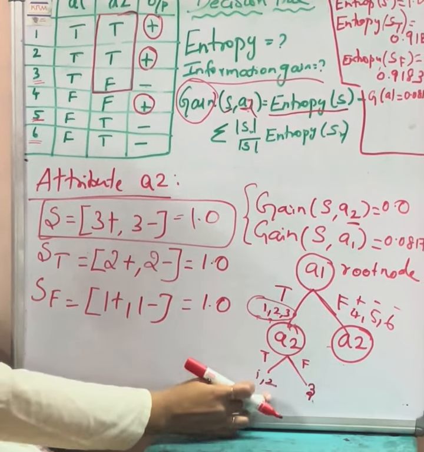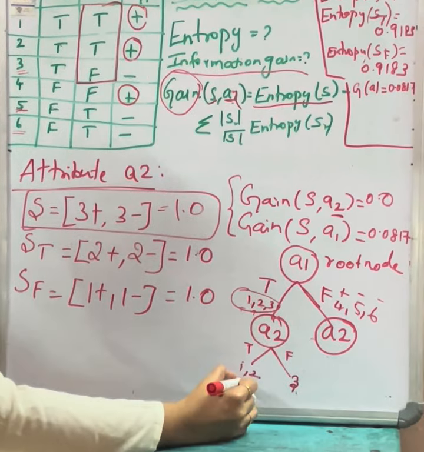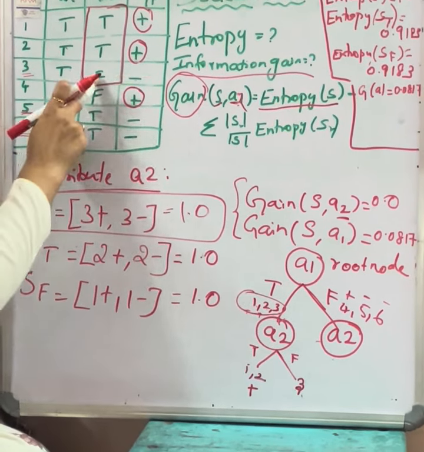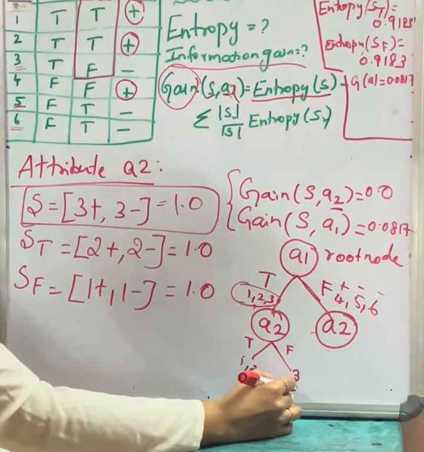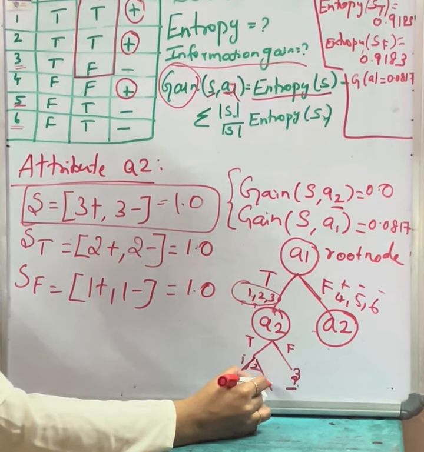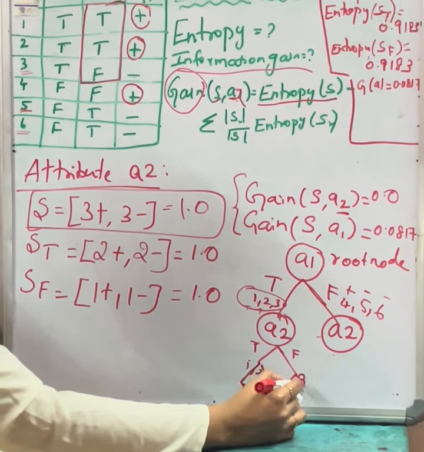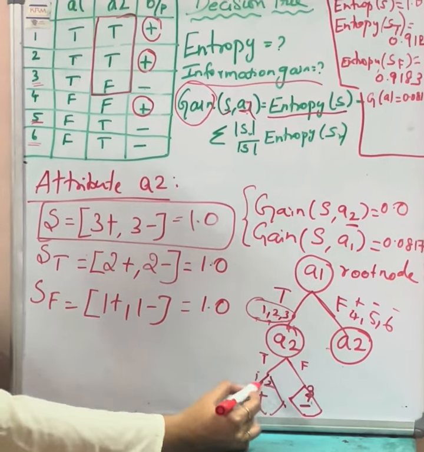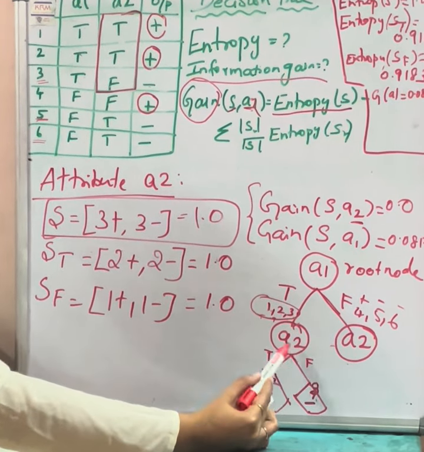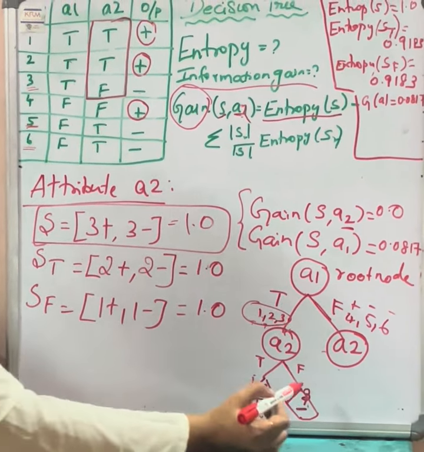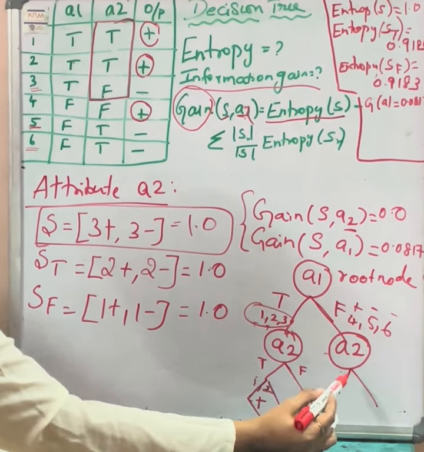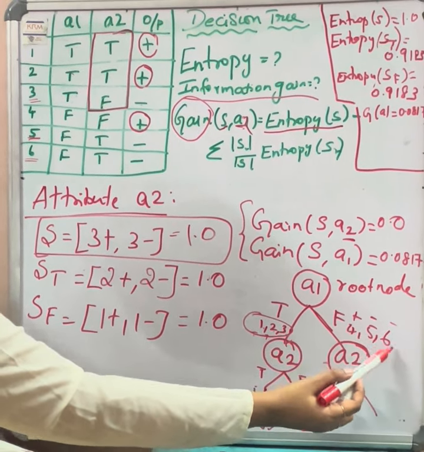So 1 and 2 are positively contributing, so I can label it as positive, and 3 is negatively contributing, so it is negative. So here I can come to the conclusion that from A2, samples 1 and 2 are positive and the third sample is contributing negative.